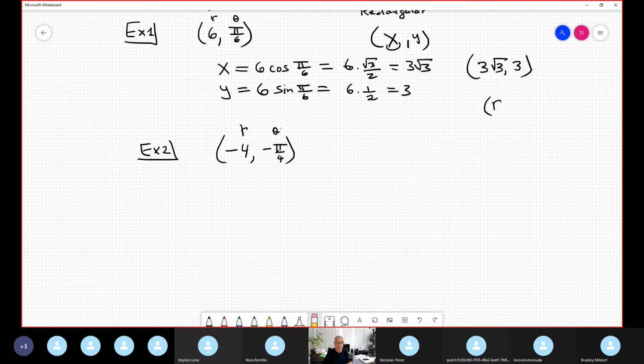Okay, so the formulas, I want to recopy them: x equals r cosine theta and y equals r sine theta. Let's do it. So x is equal to negative 4 because the radius is negative. This looks weird, radius negative, because it's another concept of radius. Normally radius you associate with a circle, where radius is a distance and distance is never negative.